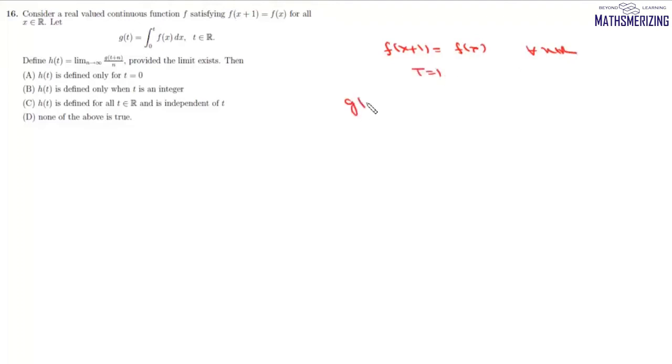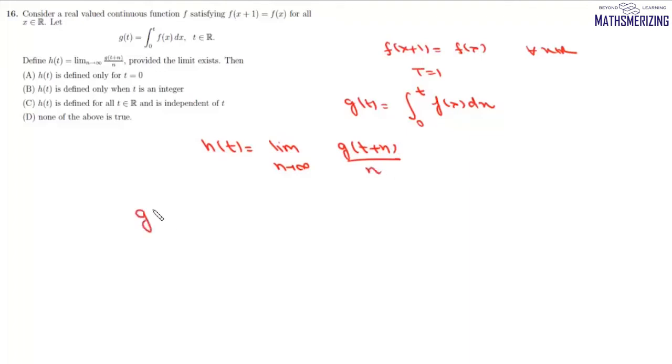We are given that g(t) is the integral from 0 to t of f(x) dx, and we have defined this function h(t) as the limit as n tends to infinity of g(t plus n) upon n.